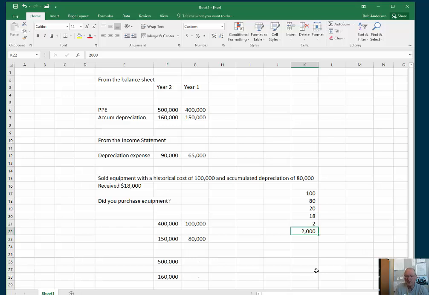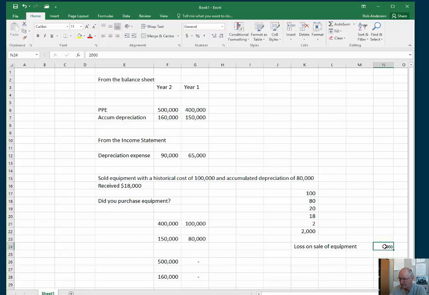So it's an investing activity. So under the direct method, you don't care about this. However, if we were using the indirect method, there would be a line on your income statement that would say loss on sale of equipment.